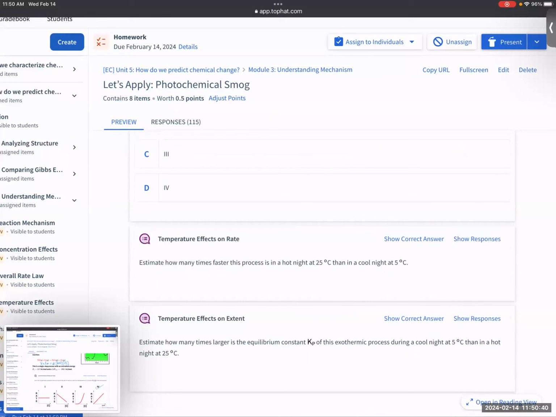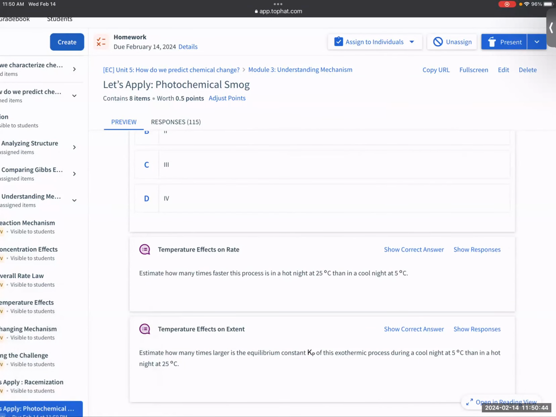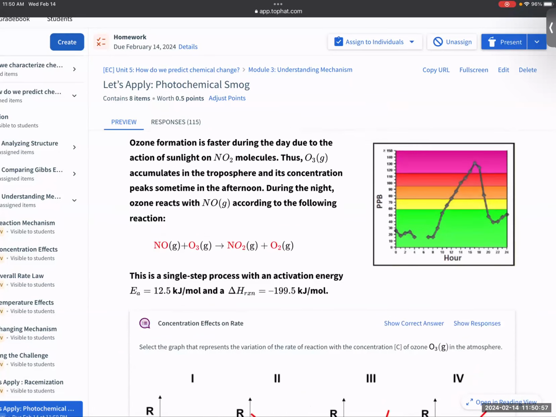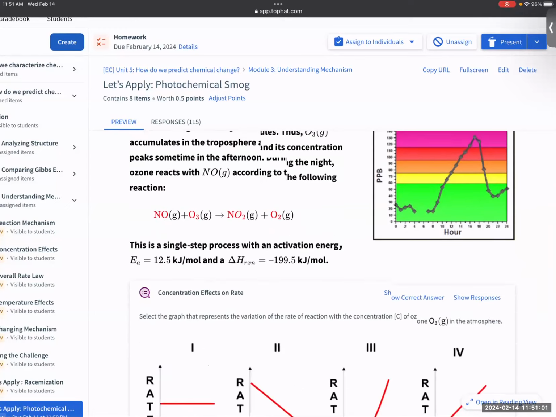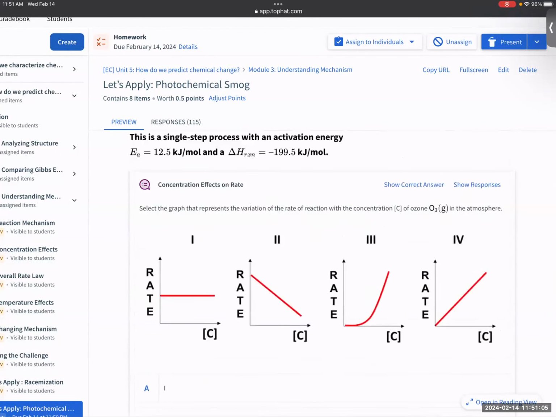And moving on. Last 2 questions. Temperature effects on the rate. Estimate how many times faster this process is in a hot night at 25 degrees Celsius than in a cool night at 5 degrees Celsius. So it's a similar calculation like before, which is good practice because this is what you should be able to do. I need to make the temperatures right. 25 and 5.